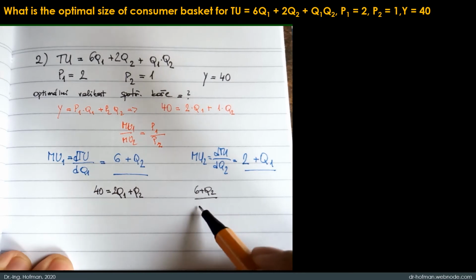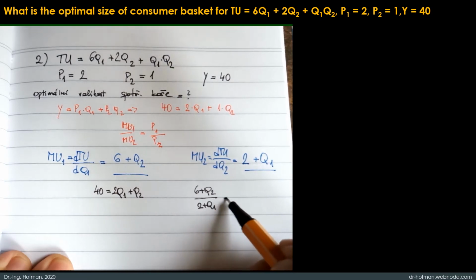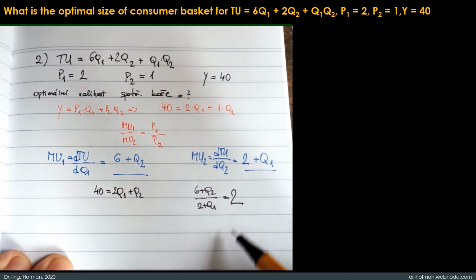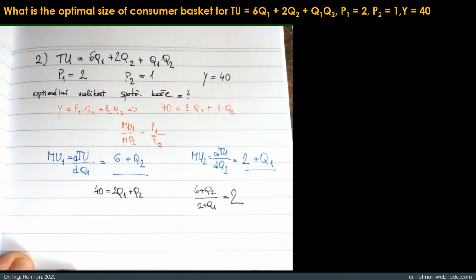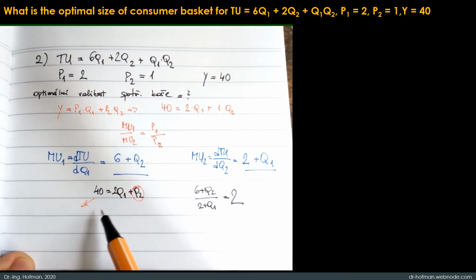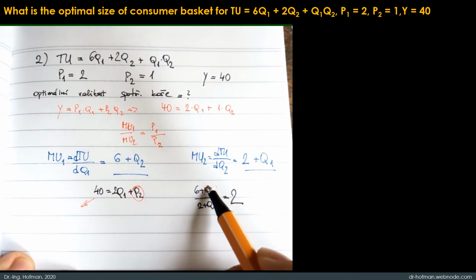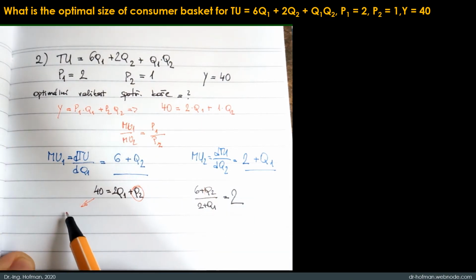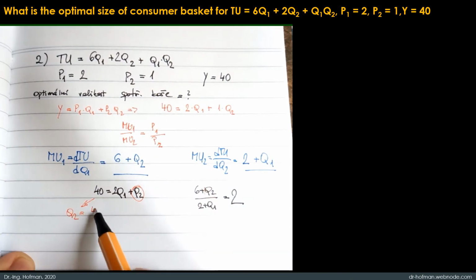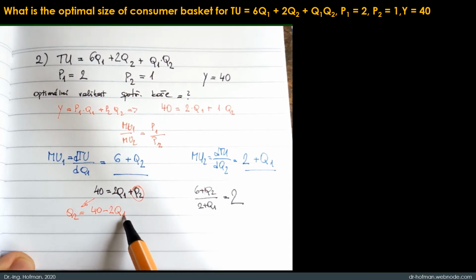We also know marginal utility 1 over marginal utility 2 should equal price 1 over price 2, which was 2 over 1, which is simplified as 2. I will substitute for this Q2, which I express here in the fraction. So Q2 is 40 minus 2Q1.